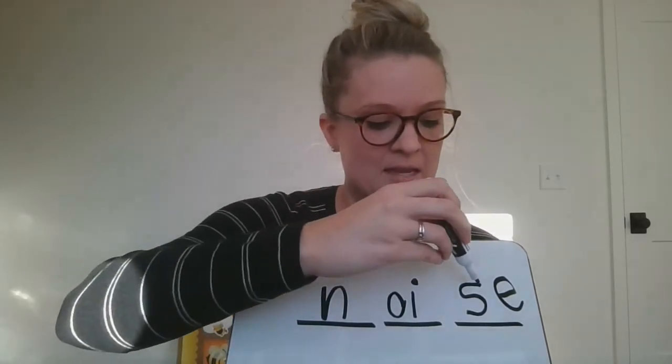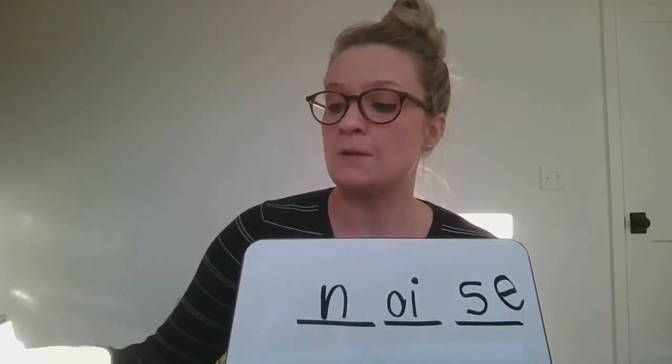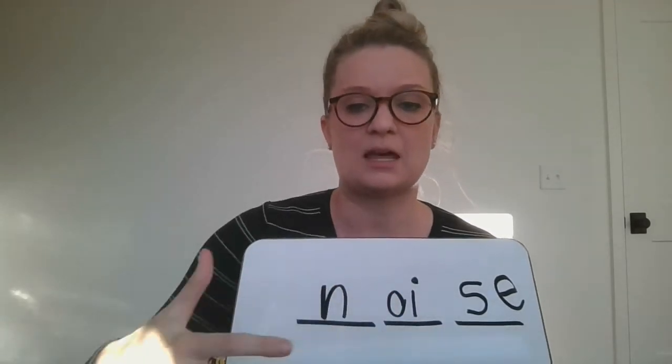N, oi, z, noise. The way I've been breaking these up onto lines might be different when you're thinking about different phonics rules. It might be slightly different between how teachers are approaching it, but the big idea is that we want students to stop and stretch the word, identify how many sounds there are, and then carefully think about which letter or letters make that sound.